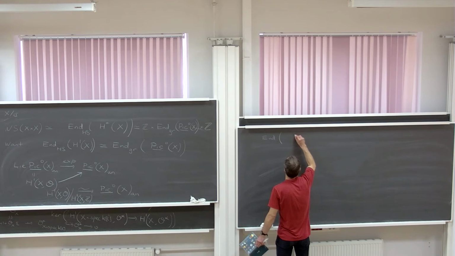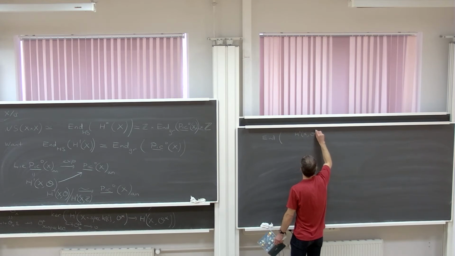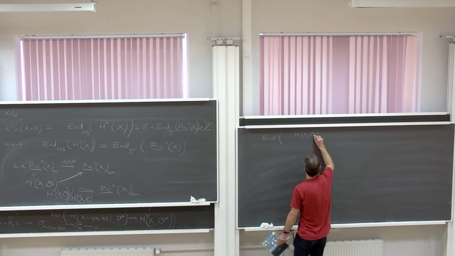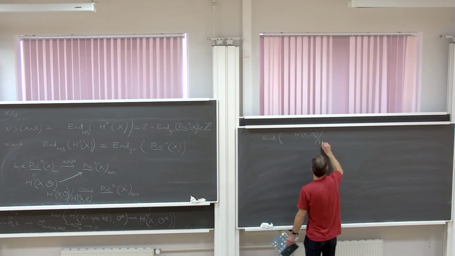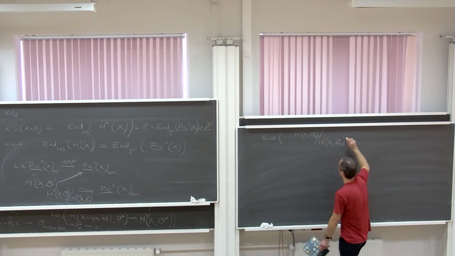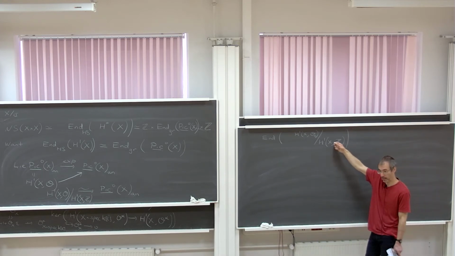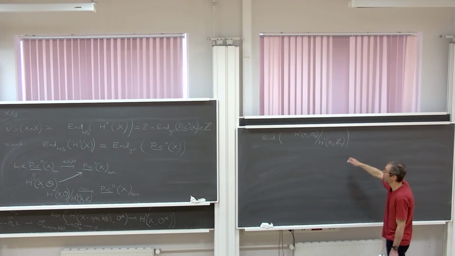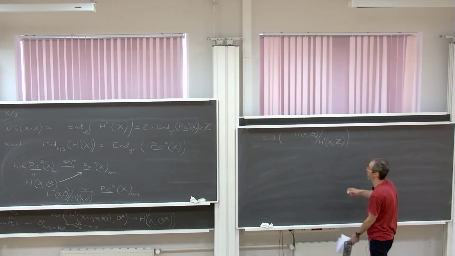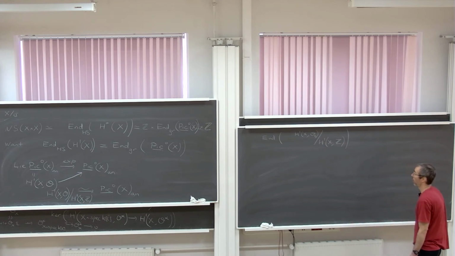This will be H1 of X modulo H1 of X, Z. I think of this as a Lie group, and I want to see what are the homomorphisms from this Lie group to itself.